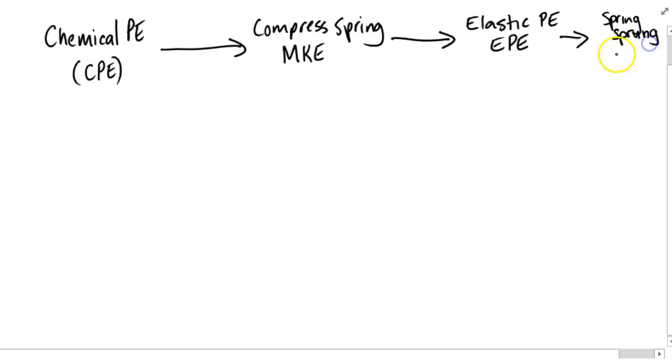And as he was flying through the air, that meant that elastic potential energy was transformed back into motion, which is a kinetic energy. And that is the story of how the energy went from the chemical potential energy in his food all the way to him flying through the air with motion.